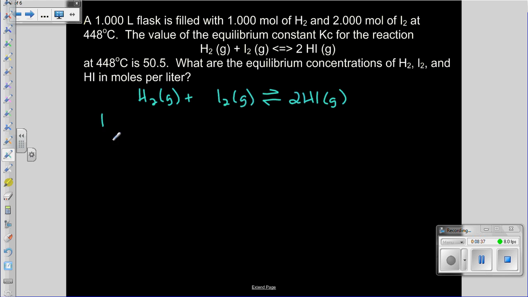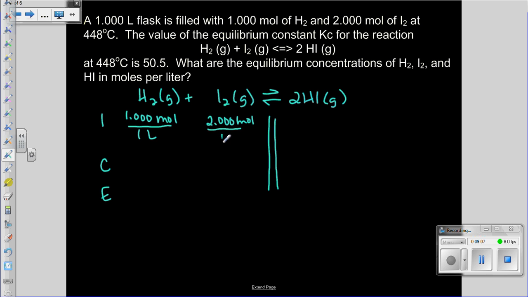I'm going to set up my initial change equilibrium table with the fence under the arrow, and I'm going to substitute in what I'm given. So I've got a 1 liter flask, which makes determining concentrations easy. I have 1 mole of hydrogen and I have 2 moles of iodine.